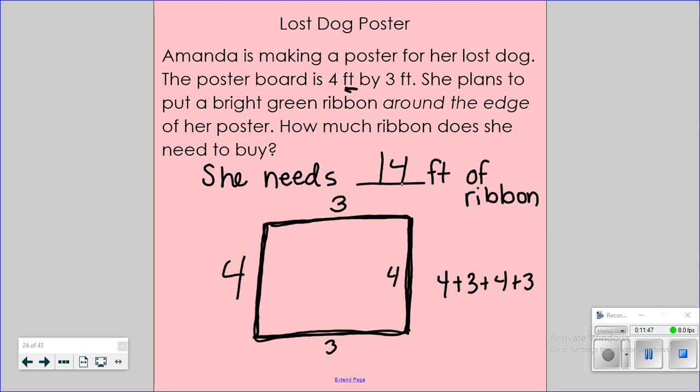What is the area of her poster? A little bit different. What is the area of her poster? Really? The space inside. Yeah, I know. I want to know how much that is. It is not 14. No. We're measuring the space inside.